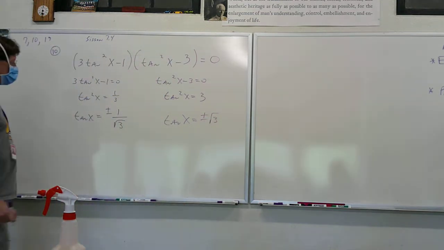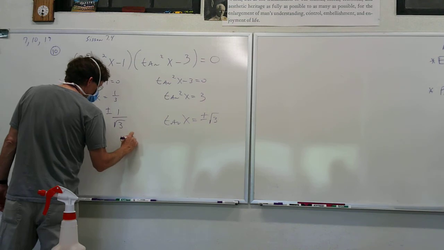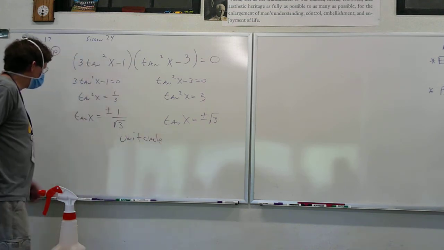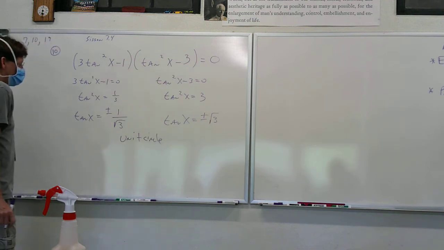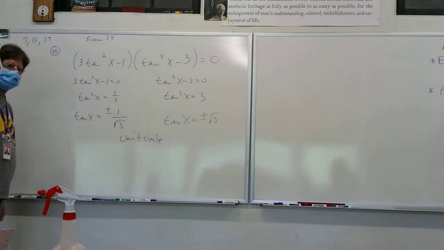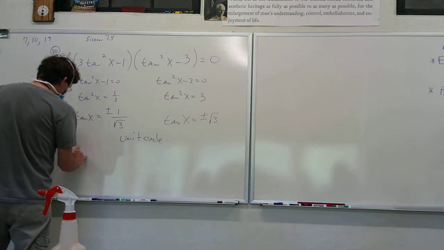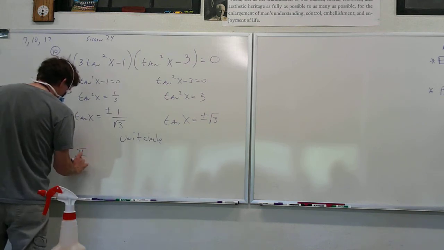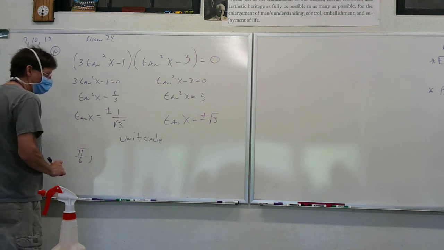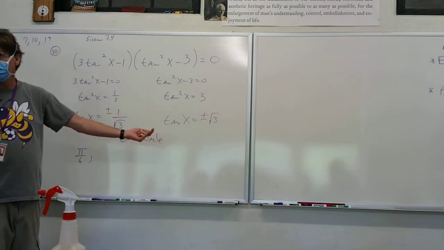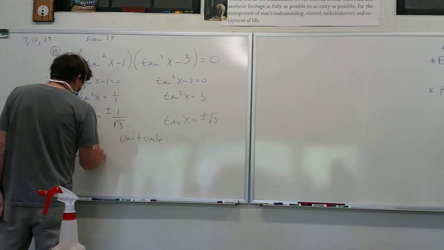Now what do you do? You look at your unit circle. Now, I'm going to let you tell me, okay, what are they? I think pi over 6 is one of them, isn't it? Pi over 6. How about pi over 3 is another one. If you go around a circle looking for both of them, you get pi over 3.